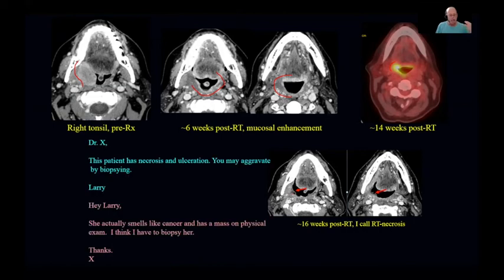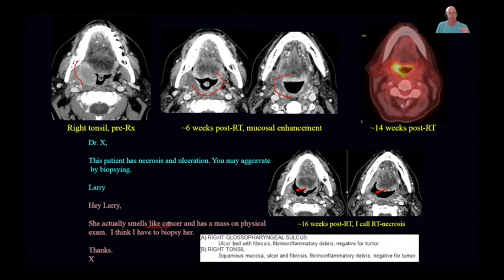And I told the doctor that this patient had necrosis and ulceration and that they could aggravate it by doing a biopsy, but I was told that the patient, quote unquote, smells like cancer and has a mass. I have to biopsy her. Well, that's what happened.